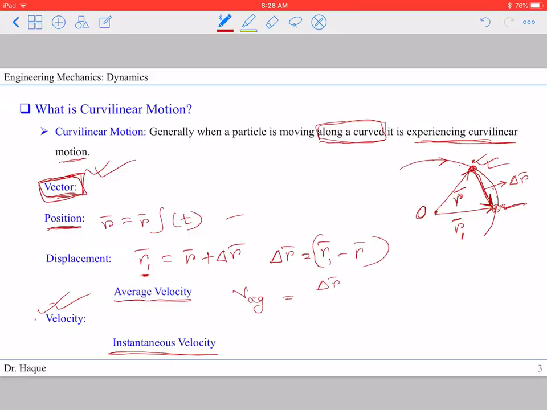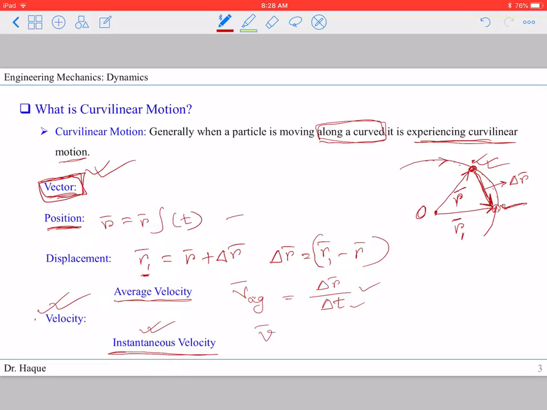Again, it is in vector form, so it is the change of the vector r over time. Time doesn't have a direction, so this remains scalar, but the r will be in vector form. So this is the average velocity.